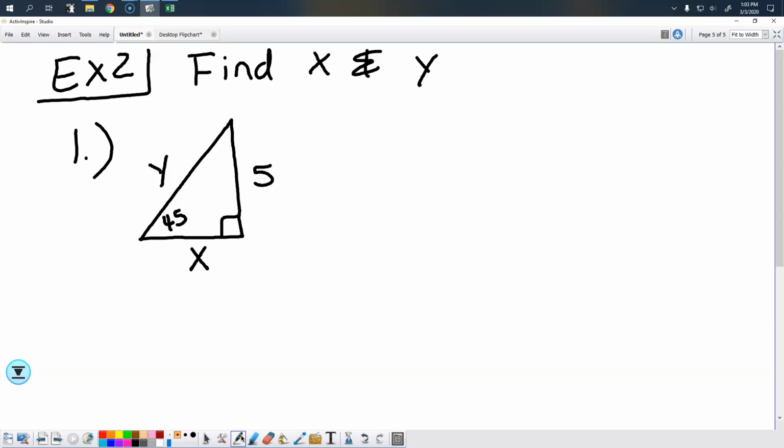All right, guys. So you got to ask yourself, what kind of triangle is this? First of all, it's a 45, 45, 90 right triangle because they give you a 45 here. If they give you one 45, the other one has to be 45 also. That's just how triangles work. Now, did they give me a leg or a hypotenuse? A leg.